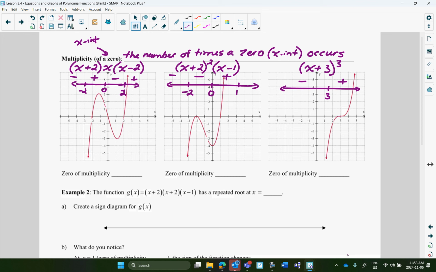Oh, sorry. So the first one, they all went through, didn't they? So all of these would have 0 of multiplicity 1, because they all went through, and these are all different. None of them appear twice.